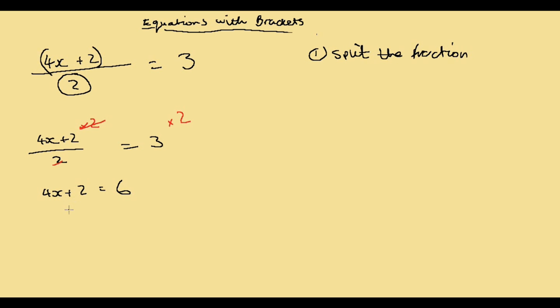And again, I'm not going to go into too much detail on that because that is for another video, the explanation of the backwards BIDMAS and how to solve basic two-step linear equations. But it works out as this 2 comes across as a negative, 6 take away 2 is 4, and then we do x equals 4 over 4, which equals 1.